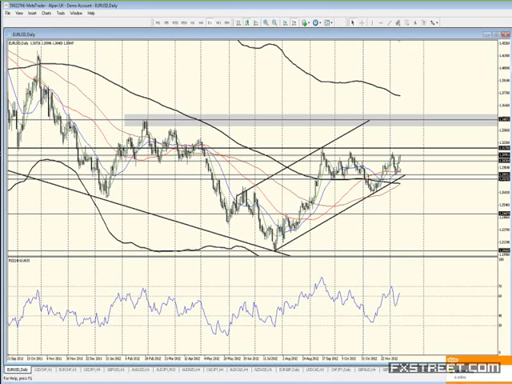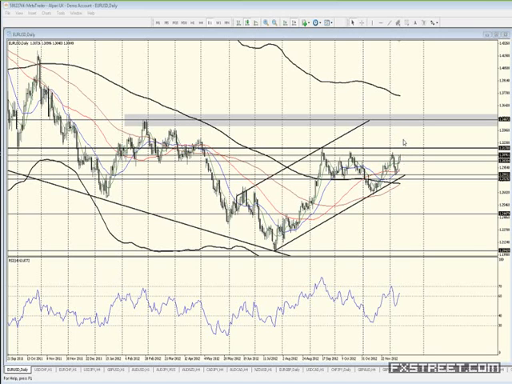I think once we clear that, we basically clear this period of consolidation, period of sideways action. Okay, and with that, we could be opening up the 2012 highs at 1.3487. Okay, so that is the anticipation here with the break.